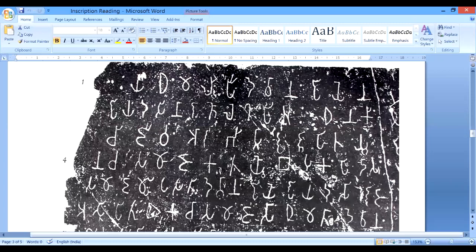So look at here, pakara, and on the top there is a zigzag. So that zigzag is pra, and jakara, and here a double stroke. The two vertical lines is long u. Okay, so pra and jakara with long u, praju.